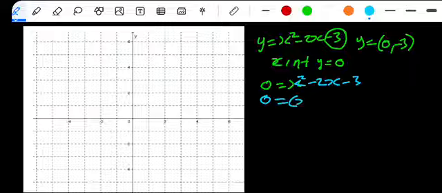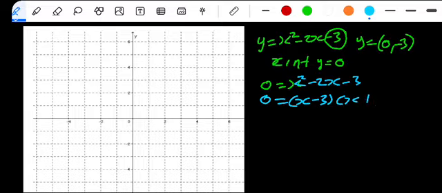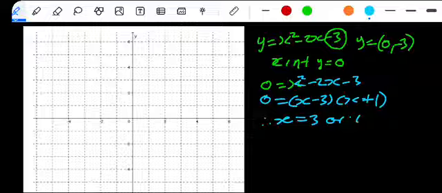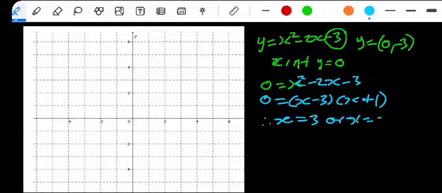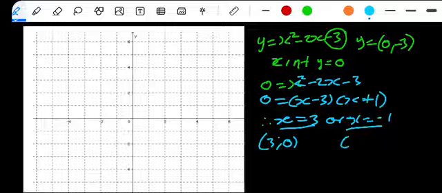We'll have (x minus 3)(x plus 1). Therefore x equals positive 3, or x equals -1. So our coordinates are 3, 0 and -1, 0.